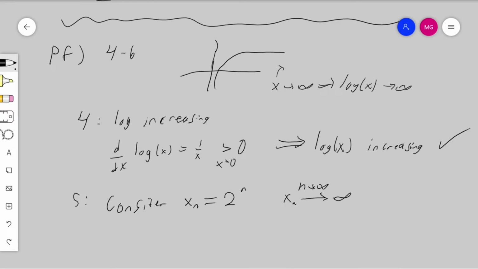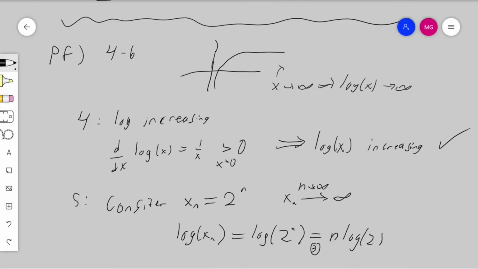So we're thinking of these x sub n's as inputs here. So now what's happening, log of x sub n, this is log of 2 to the power n, and this becomes n log of 2, because we can pull the natural number exponent down in front as a coefficient. So this was by property 3 from before.